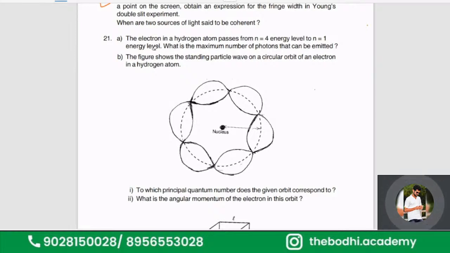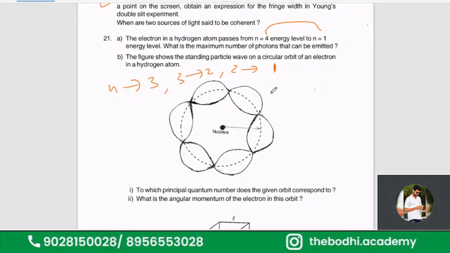So first of all, when an electron in hydrogen passes from n equal to 4 energy level to n equal to 1 energy level, let's see how the maximum number of photons emitted is found. First, it is not directly to 1. First it can jump from 4 to 3, then 3 to 2, then 2 to 1.